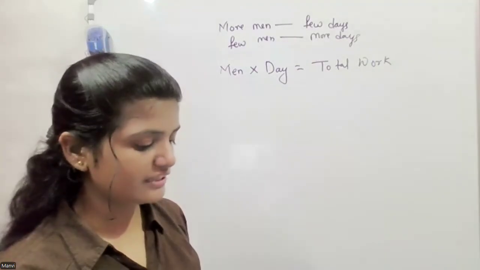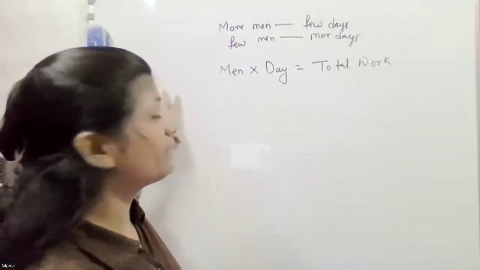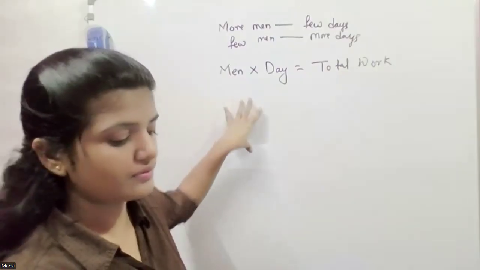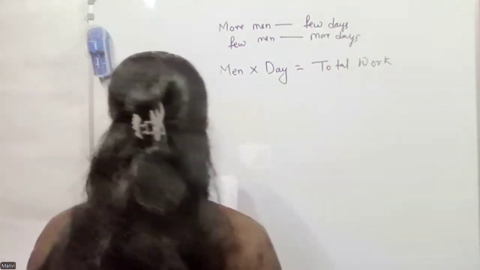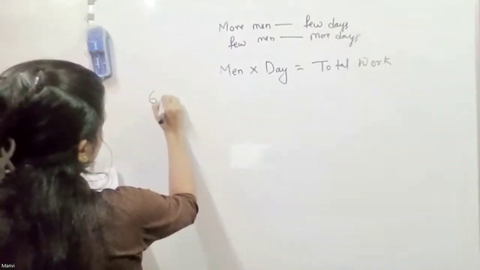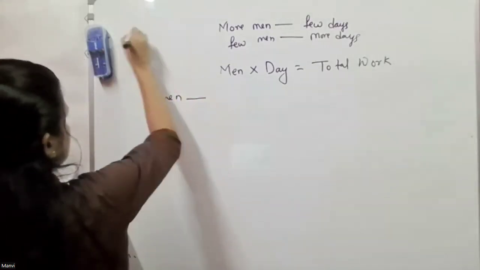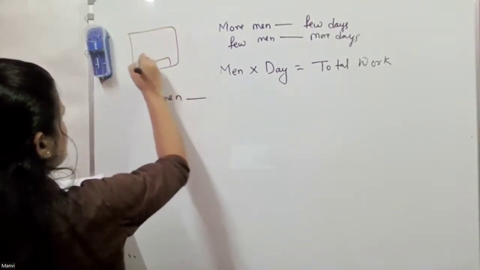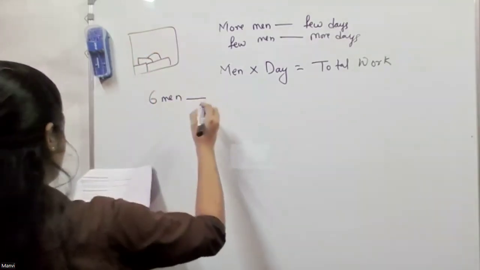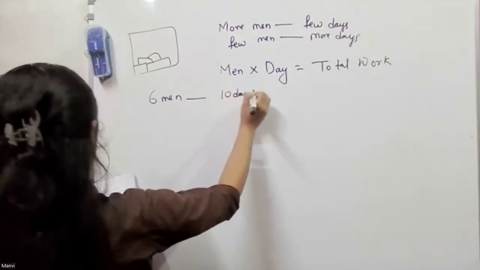For example, if I say that 6 men can do a job in 10 days, if we have a question like this, that 6 men are able to do this job, like building this wall or anything, they require 10 days.